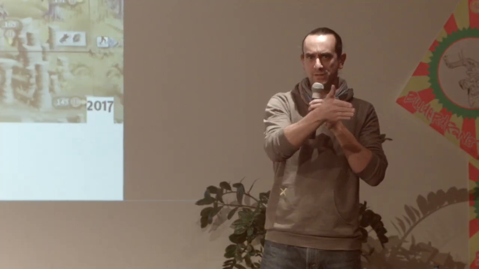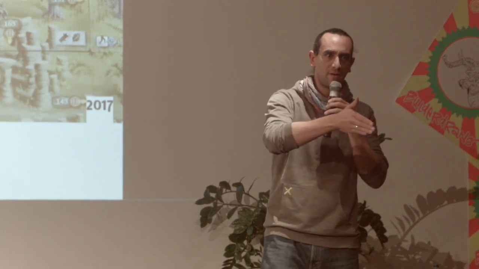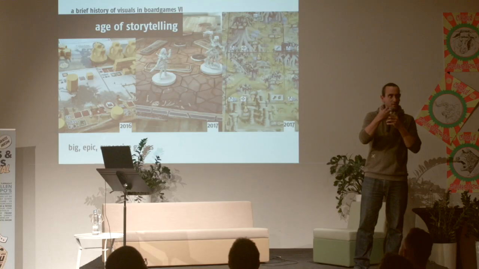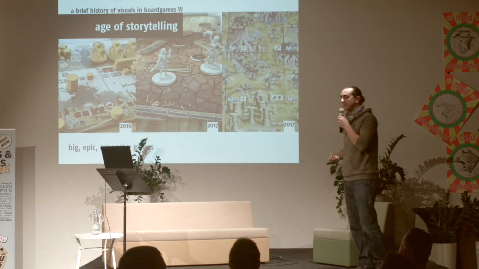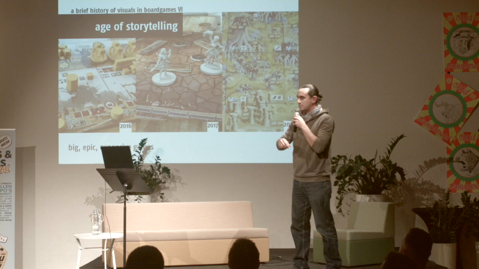Back in the 90s, there were two design directions, the storyteller and the clockmaker. The clockmaker always had the mechanism first, designed the game and then thought of the theme. The storyteller had a theme he wanted to retell by creating a game and then created the mechanisms through that.